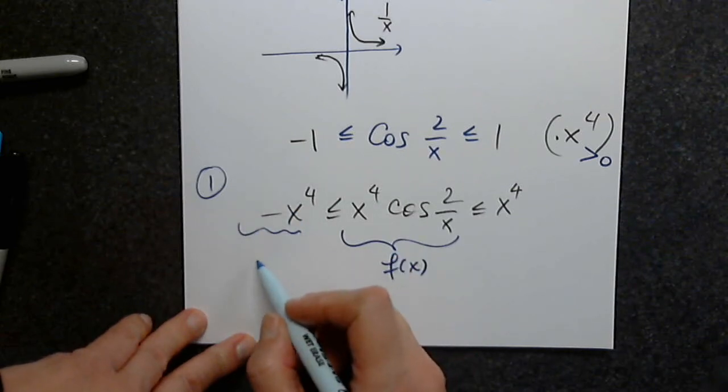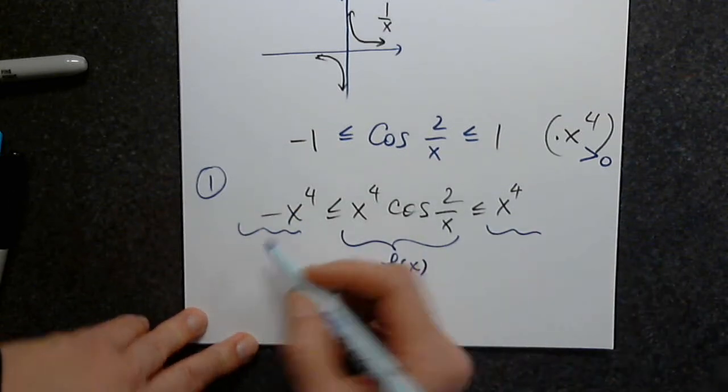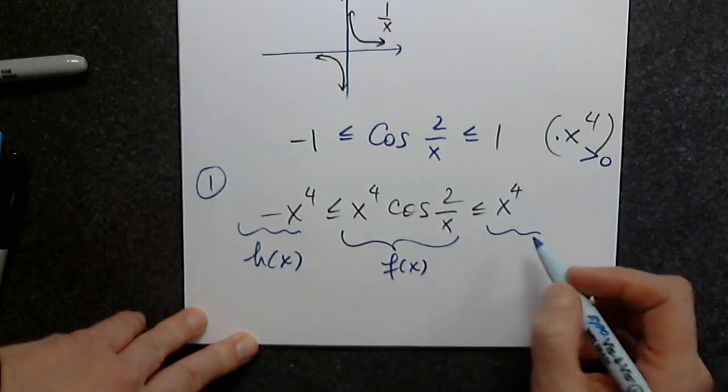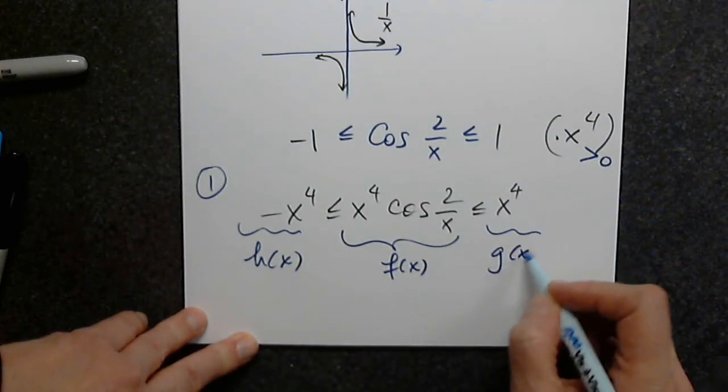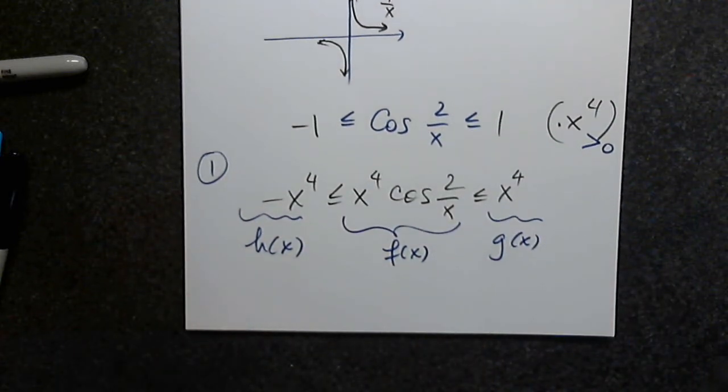This is the lower bound. It doesn't matter how you want to call it. Let's call it h of x. And this is the upper bound. Let's call it g of x. So I showed that the function that we are trying to find the limit of is squeezed between 2 functions. An upper one, which is x to the fourth, and a lower one, which is negative x to the fourth.